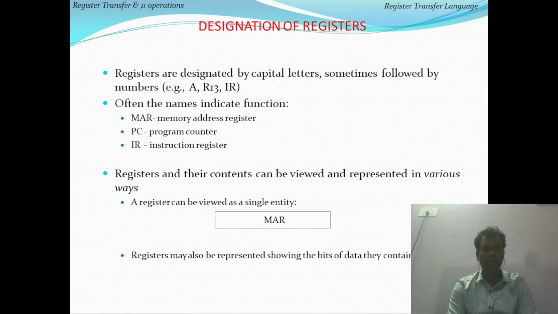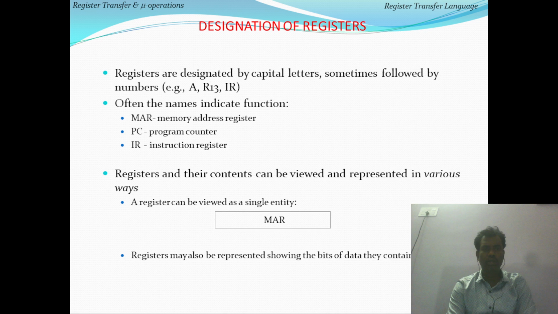The most common registers are the memory registers, the instruction register, and the program counter, which is a basic requirement. Along with the memory register, it may require a data register also. So: memory address register, memory data register, an instruction register, and a program counter.